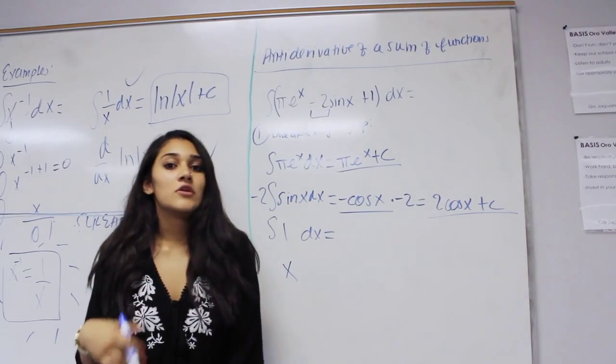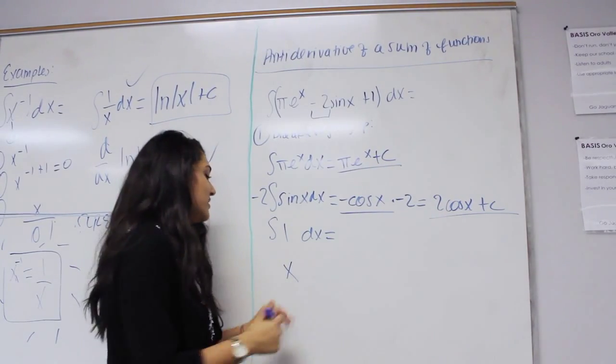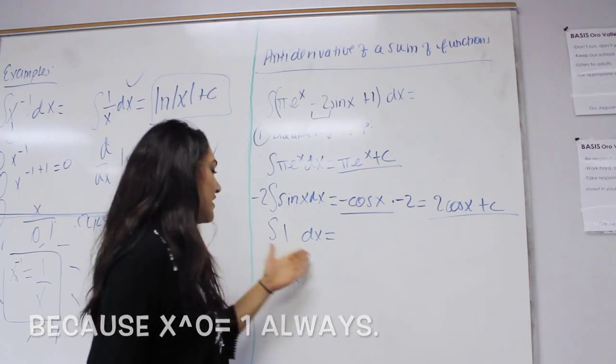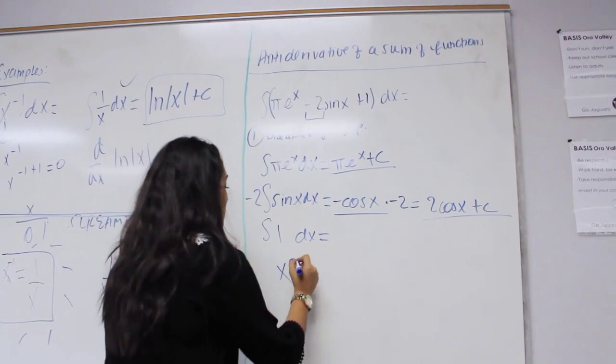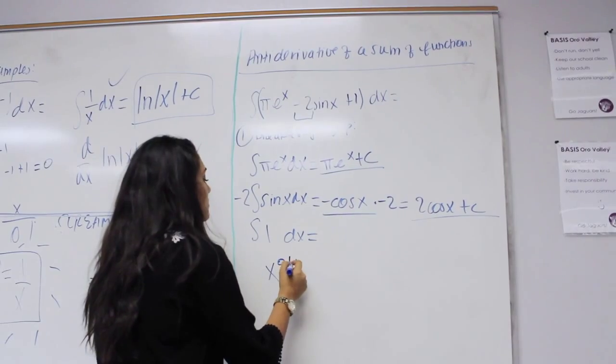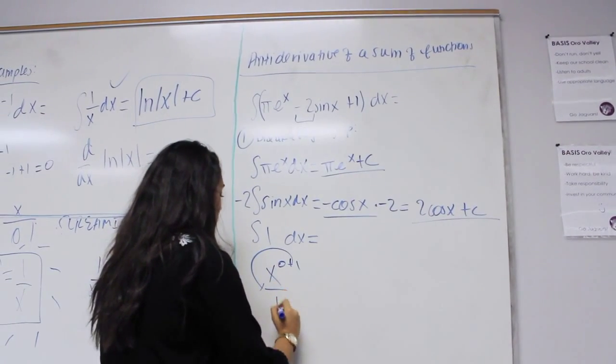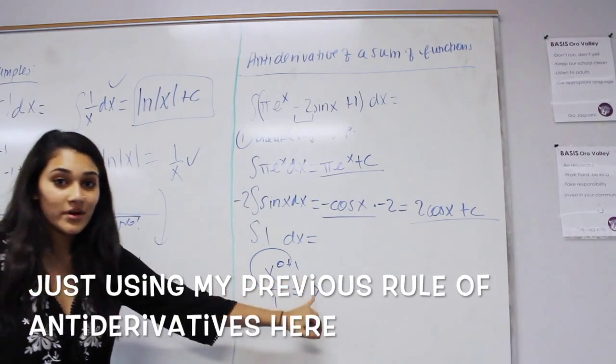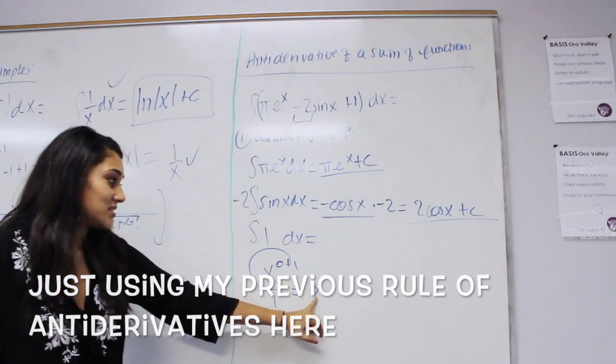Okay. In order to get 1 from x, it had to be x to the 0 at the end of all your work. So to take the antiderivative of it, we can just do x to the 0 plus 1, and you know, you can bring that value down. This equals x. So what you had was you started with x to get 1.